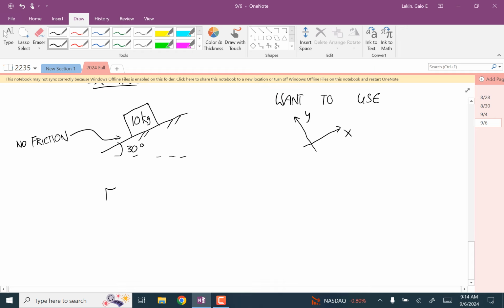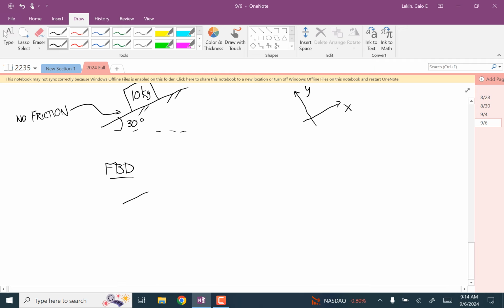Okay, so a free body diagram of this block. We have the weight down, that's 10 times 9.81, so 98.1. That's a frictionless contact. Now we're just going around the boundary looking for contact. So it's perpendicular to the surface toward the chosen body.